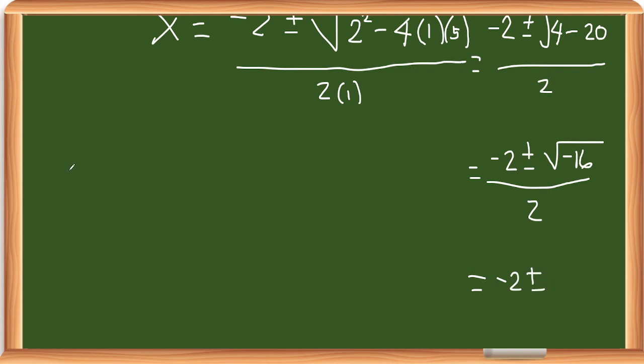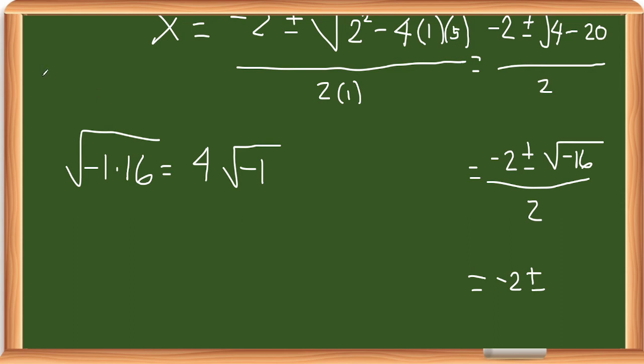Now, yung negative 16 can be expressed as negative 1 times 16. And alam mo na yung square root ng 16, so pwede mong ilabas. It can be expressed as 4, because the square root of 16 is 4, times the square root of negative 1. Kung mapapansin niyo, itong square root of negative 1 is considered an imaginary number.